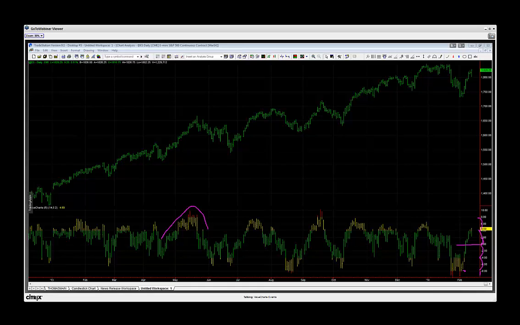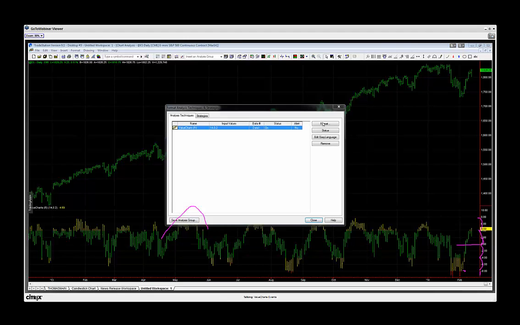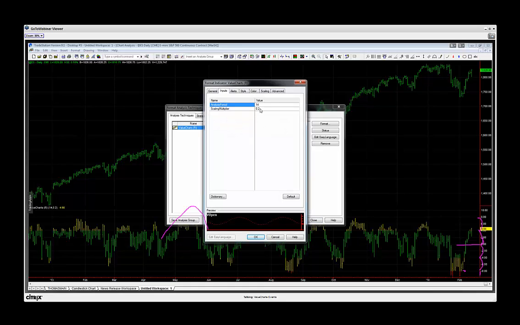Now, the parameters that I personally like to use with value charts: I don't normally adjust my scaling multiplier. Actually, I think I have never adjusted my scaling multiplier because it's not really needed. A 0.2 is typically where you want to be unless you really know what you're doing. But what I do adjust is this analysis period.